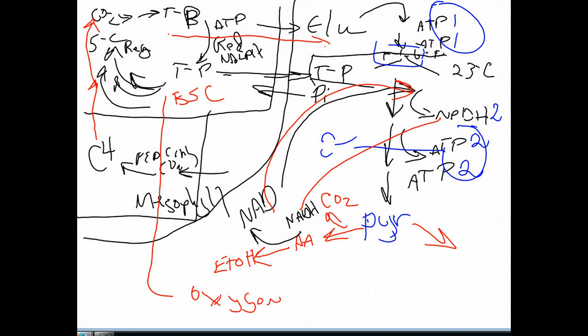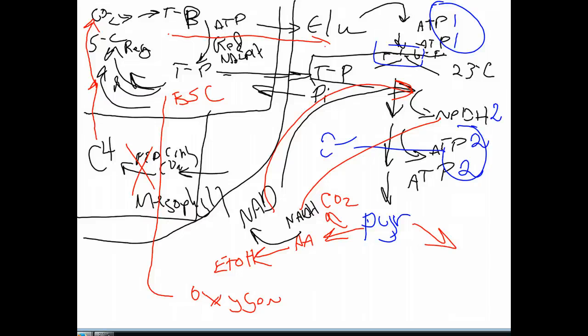You know, there's a diagram that I've shown you probably 5 or 6 times through the semester of a C3 plant, and as you increase the concentration of oxygen, the activity of photosynthesis goes down, because oxygen is a competitive inhibitor. So what happens with the C4 is that oxygen does not interfere with PEP carboxylase. So there's no worry about the oxygen here.